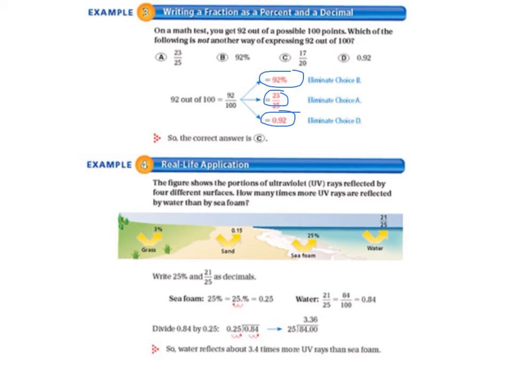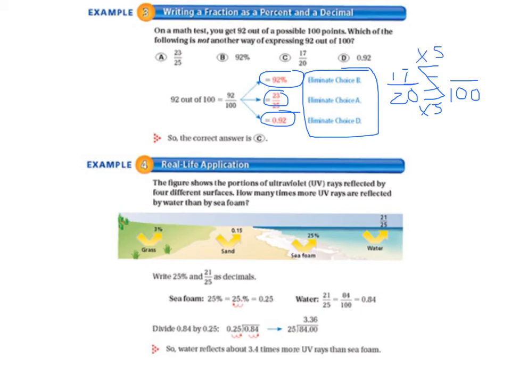So not only have you eliminated all of the choices that actually do work, if you looked at 17/20ths equals, 20 times 5 equals 100, and 17 times 5 equals 85, not 92.